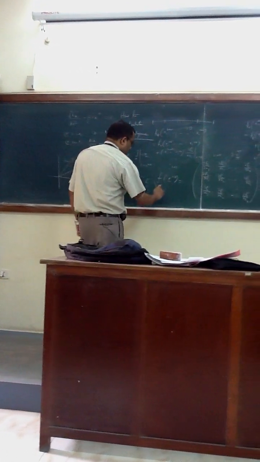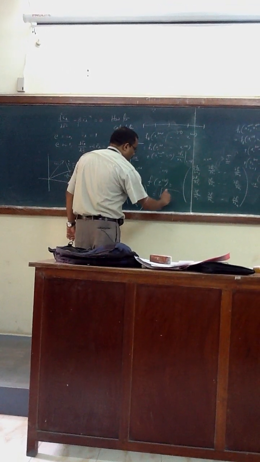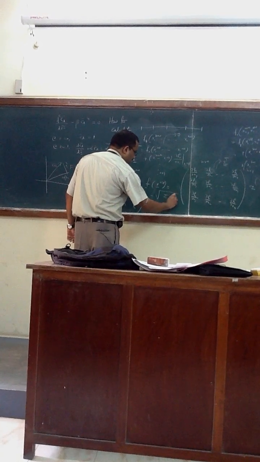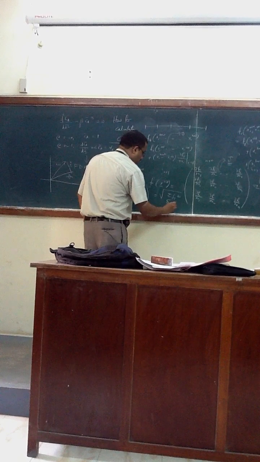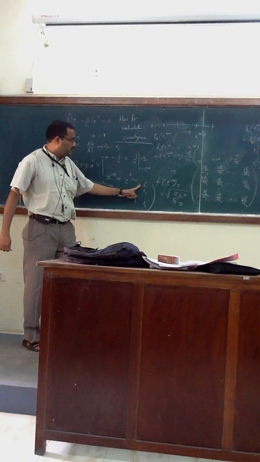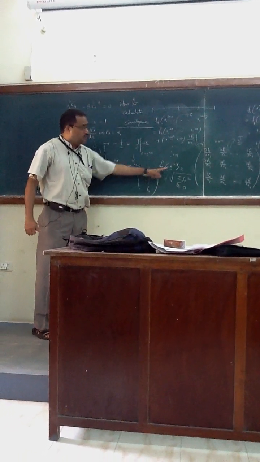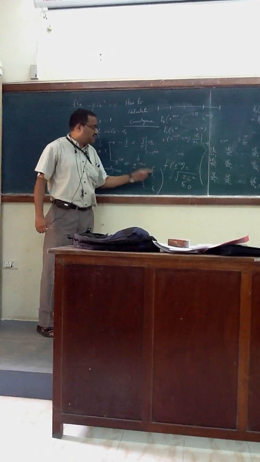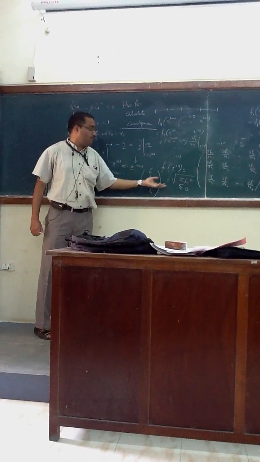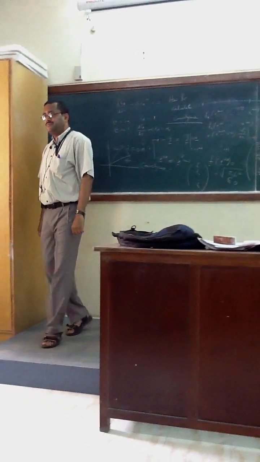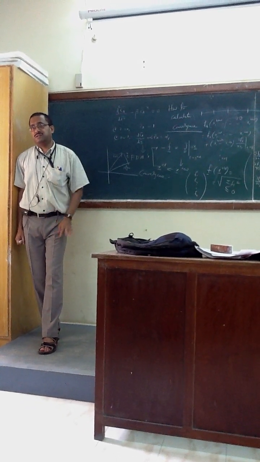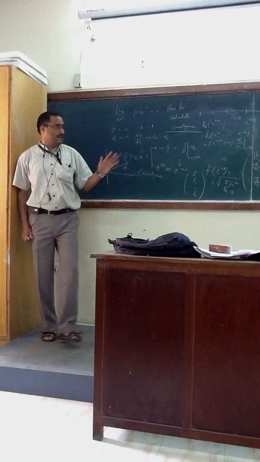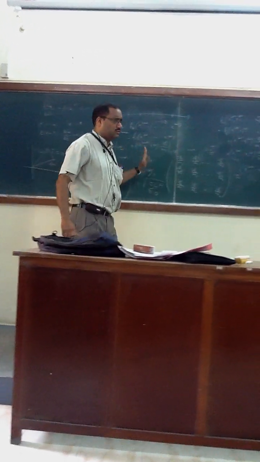So rather, it is possible to calculate the 2 norm, which is the summation of fi square, under the square root. If it is less than or equal to zero, that means you are ensuring that each is very, very small, because these are square terms. Otherwise, the sum of the squares cannot be less than or equal to zero. Any square term cannot be negative. If it is coming negative, that means something is wrong with what you are doing. It is not possible.